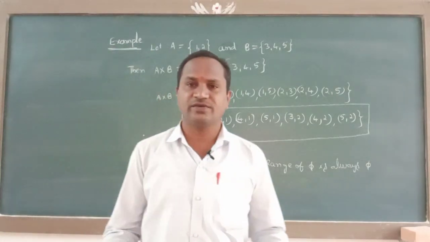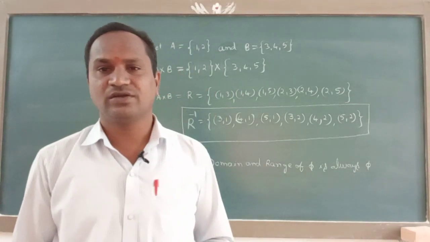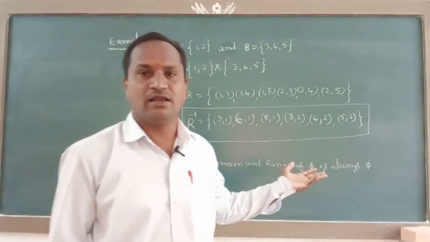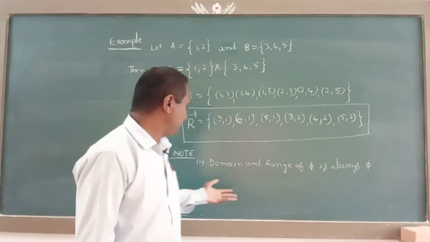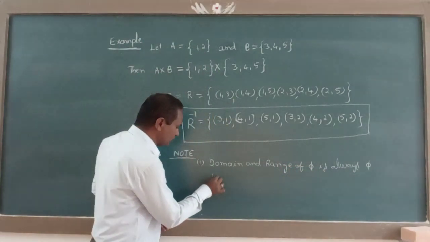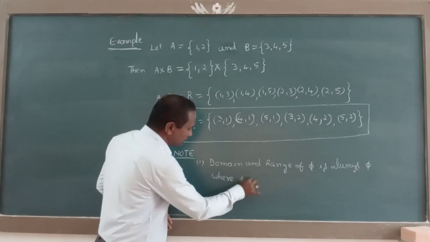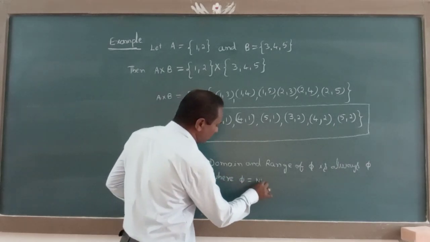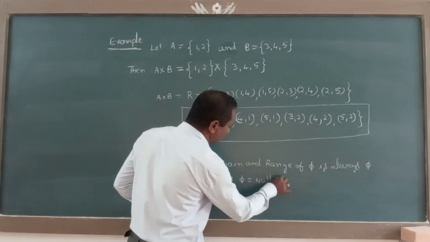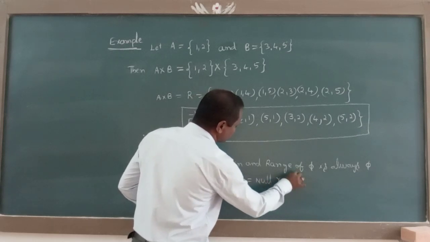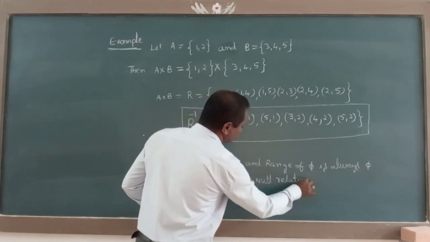In that null relation, we are not seeing any elements. Null means empty. If you want to write it here, no problem: empty is equal to null relation or empty relation, we are calling this null relation.